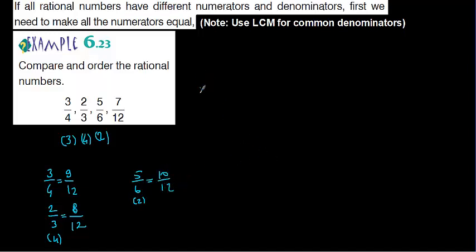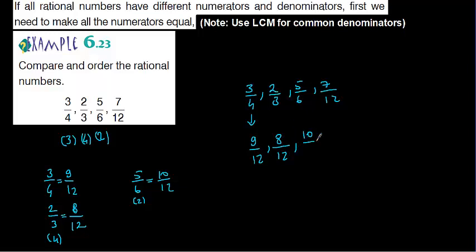Now I'm rewriting the numbers. 3 over 4, 2 over 3, 5 over 6, and 7 over 12 become 9 over 12, 8 over 12, 10 over 12, and 7 over 12.